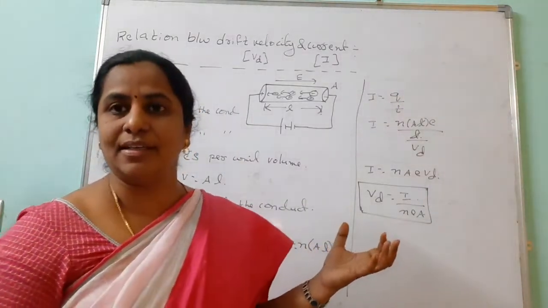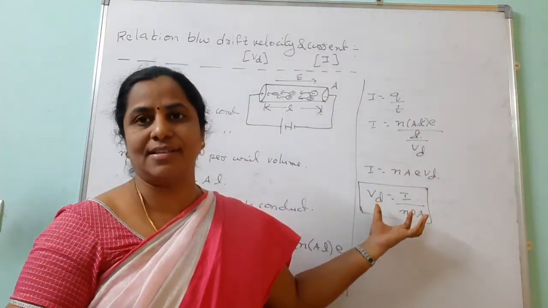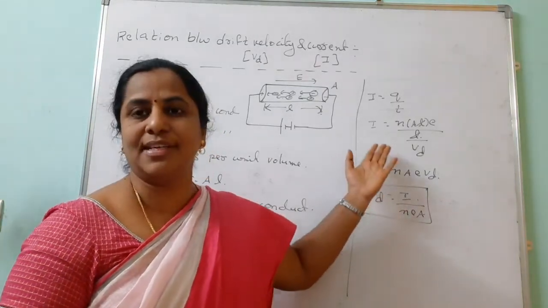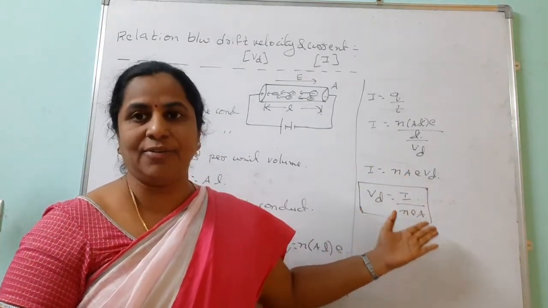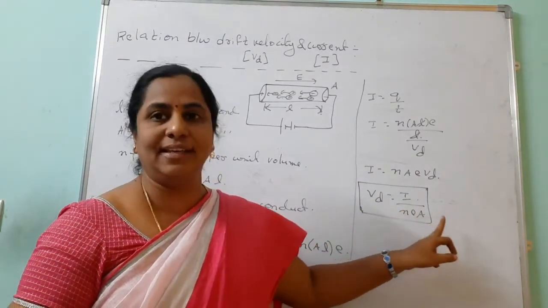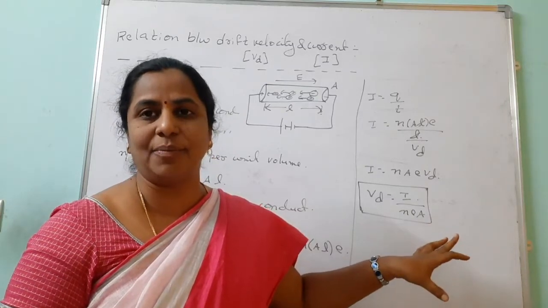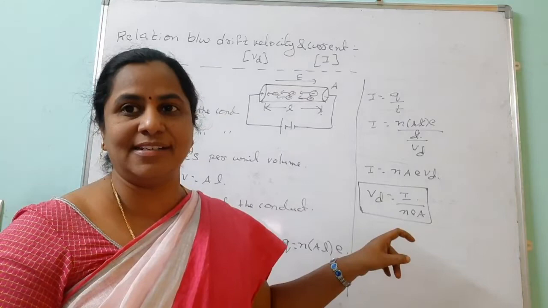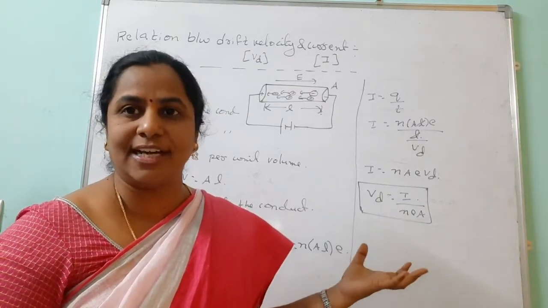See, drift velocity we find with the help of the average velocity of all electrons, and this we can find from the first equation of motion. And one more is this: the drift velocity is I by neA. Why am I stressing this formula? From this we can write the current density also. What is current density?